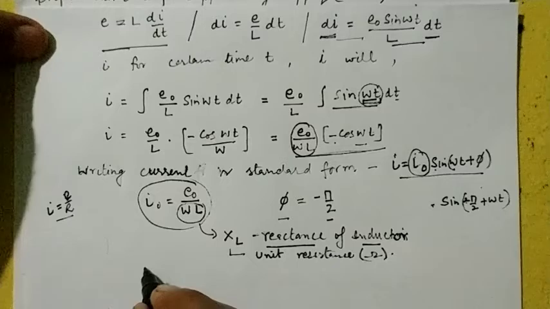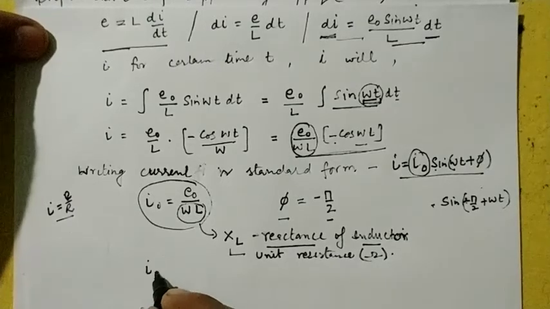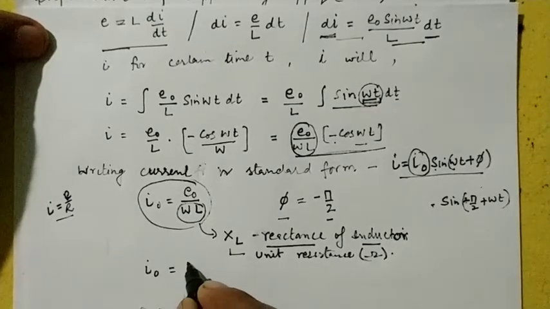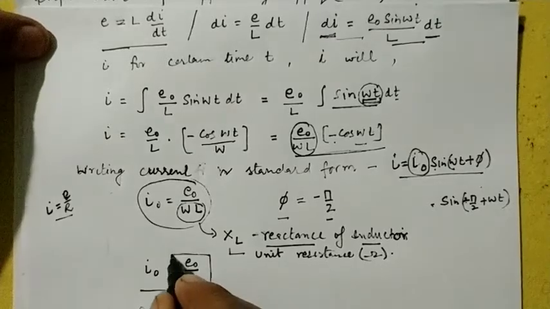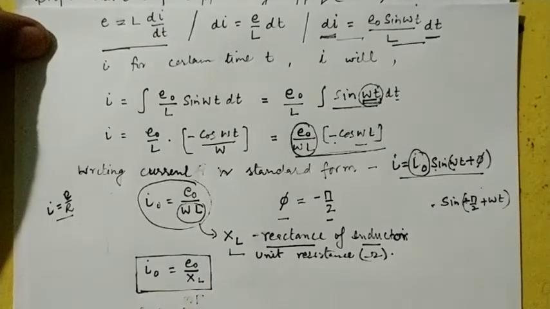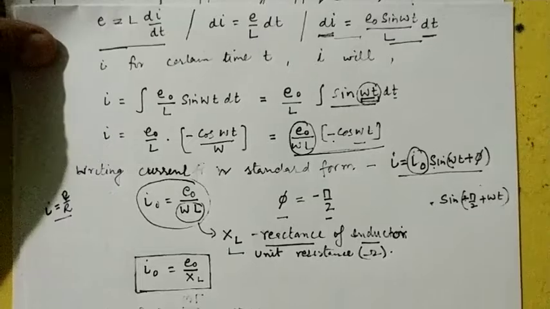Now what we get is that the peak value of current will be equal to E naught divided by XL. This is how we can calculate the peak value of current.